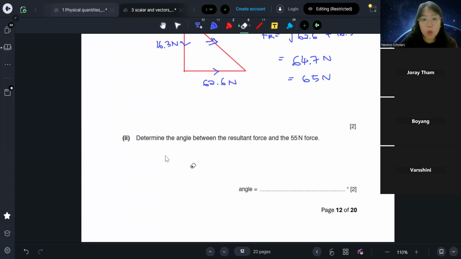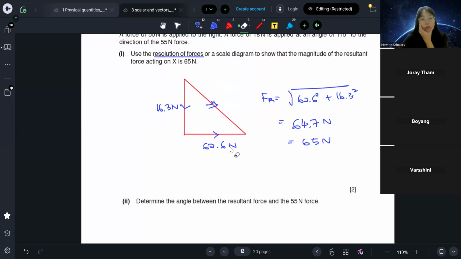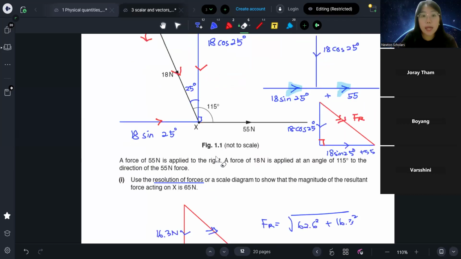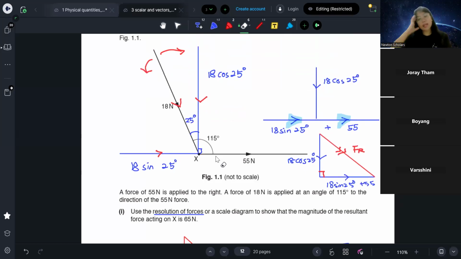Okay, now what they want is to determine the angle between resultant force and the 55. Yes, but we really use the formula, A square equals B square plus C square, Pythagoras theorem. Okay, dear. Oh, yes, using cosine. Dear, yes, correct.